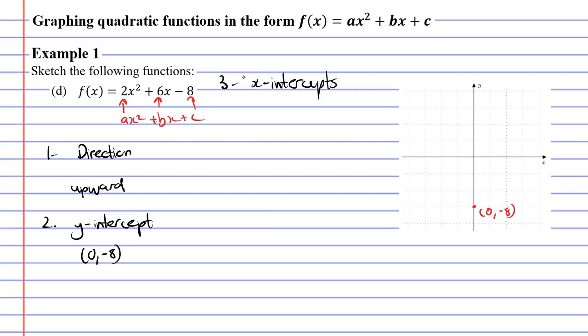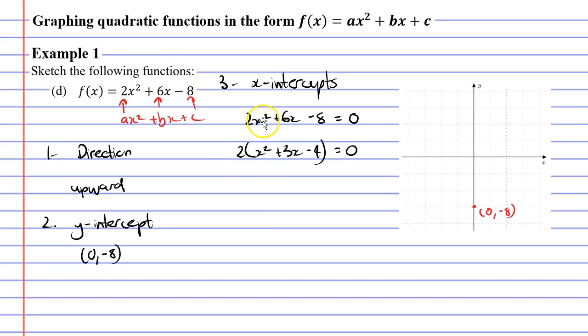We calculate these by taking our function 2x squared plus 6x minus 8 and making it equal 0. I'm going to factorize my expression over here, and the first thing I'm going to do is take out a factor of 2. It becomes 2 times x squared plus 3x minus 4 equal to 0.